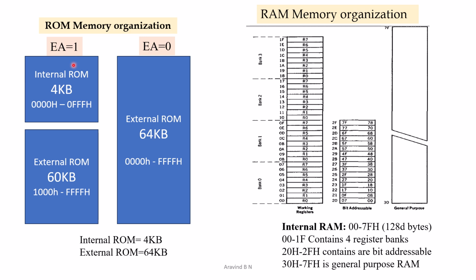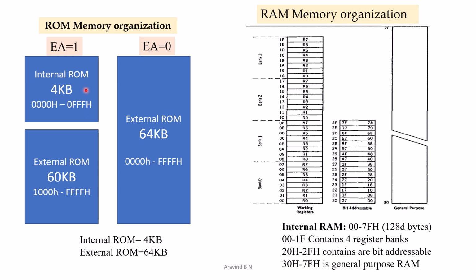The option for both is presented over here, and they are enabled by the EA pin of 8051. If EA is equal to 1, it is going to make use of the internal ROM, that is 4 KB capacity memory starting from 0000H up to 0FFFH.